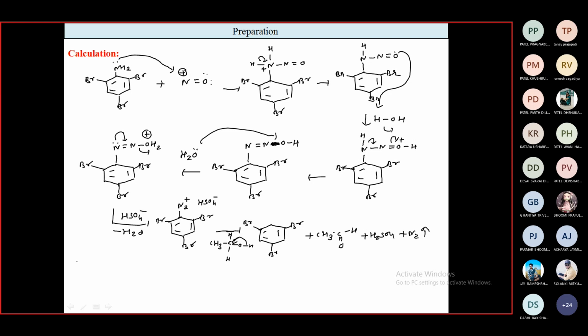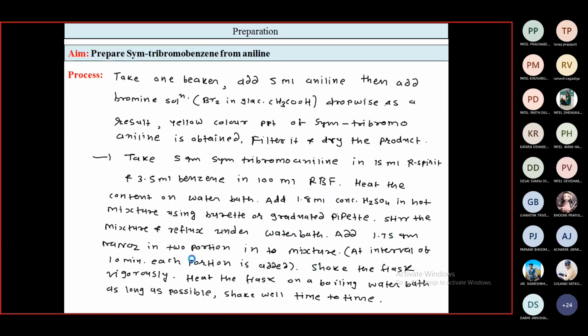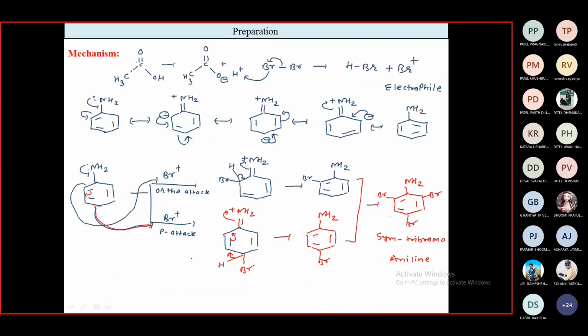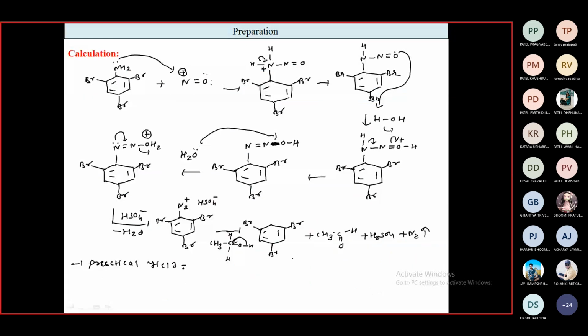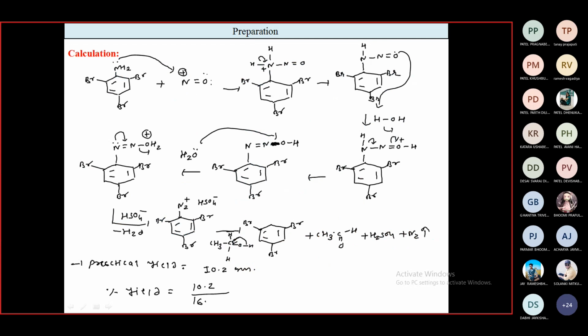Now suppose your practical yield is, you have already calculated theoretical yield, 16.90 grams. Practical yield is suppose 10.2 gram. Then percentage of yield is 10.2 upon 16.90 into 100.